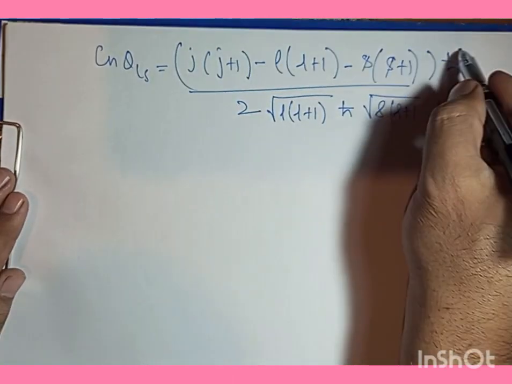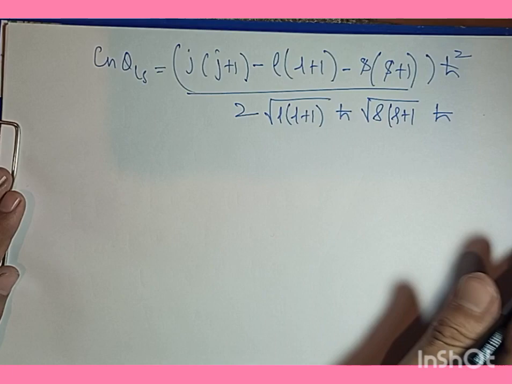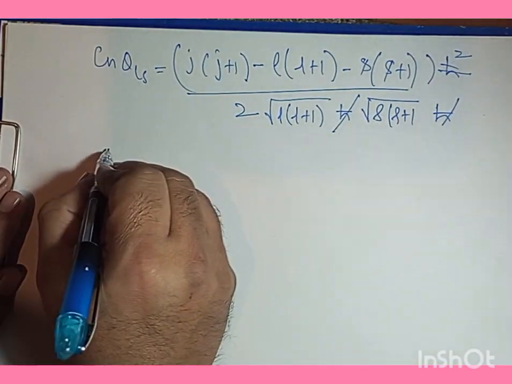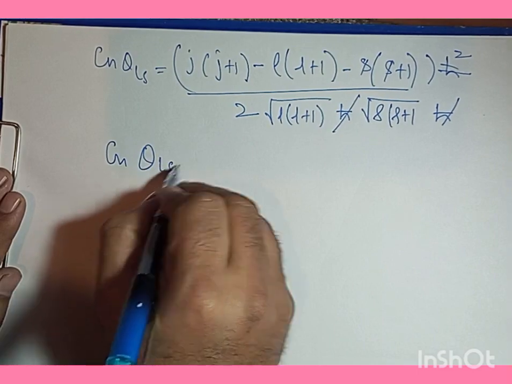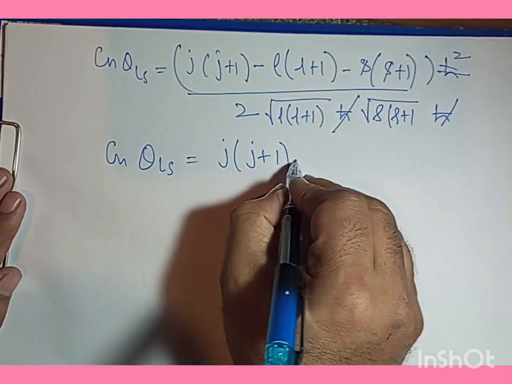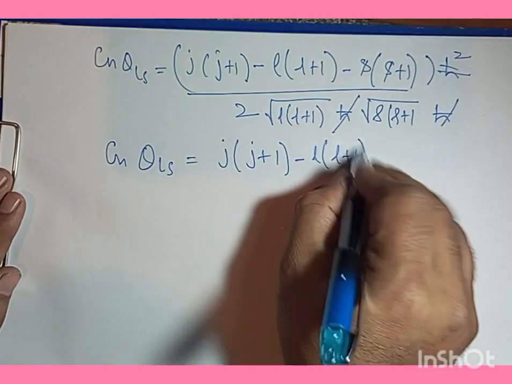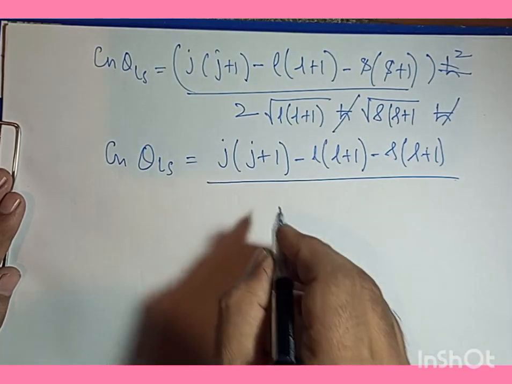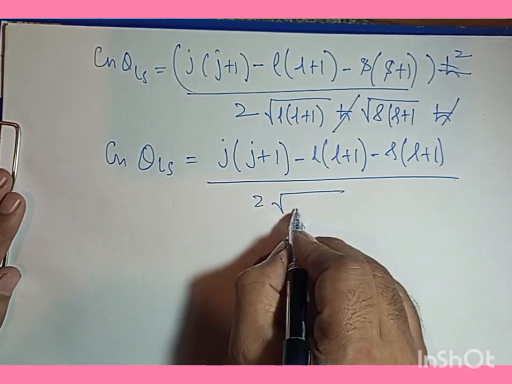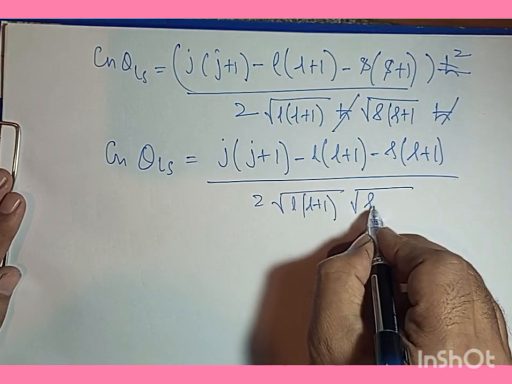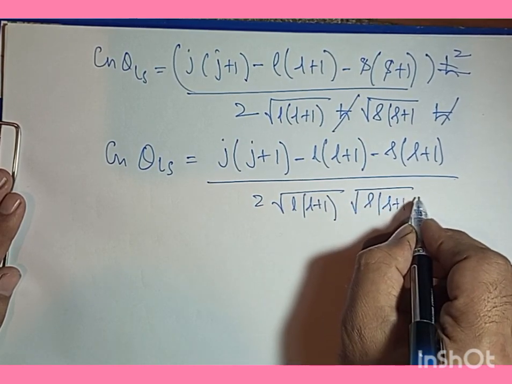Now this H cross square and H cross square will cancel, and we have cos theta LS is J times J plus 1 minus L times L plus 1 minus S times S plus 1, divided by twice the root of L times L plus 1 times the root of S times S plus 1.